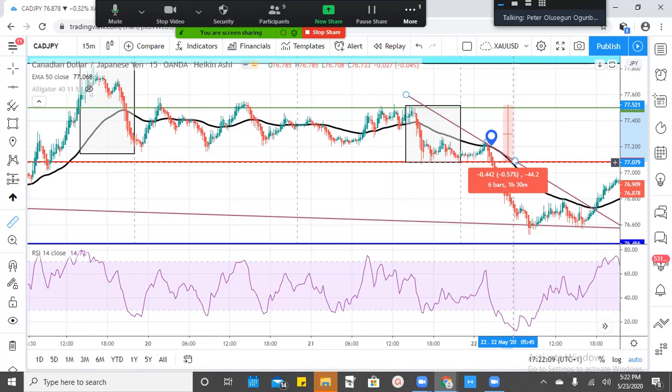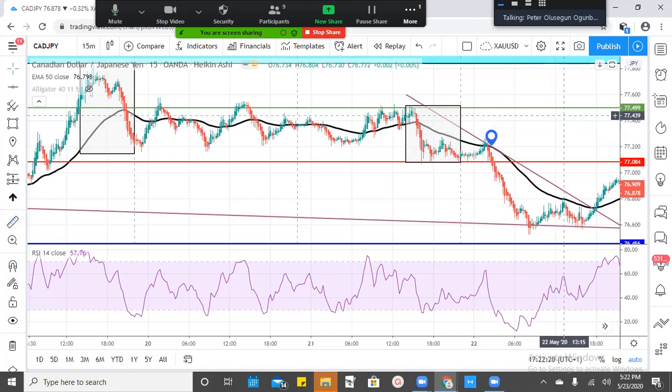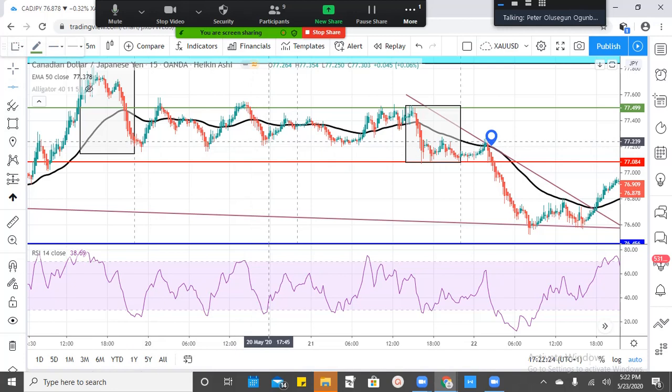So if you add 22 pips to that, that will give you 77,299. So we draw another one, 77,299. We come back to it.